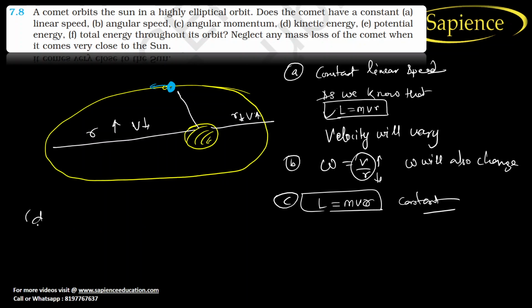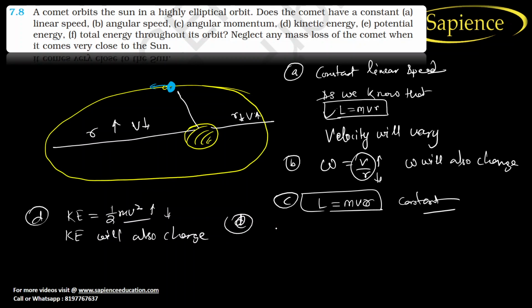Now D is your kinetic energy. So kinetic energy, what is kinetic energy? Half mv square. So what happened? V will change, V will increase, V will decrease. So kinetic energy will also be variable. So kinetic energy will also change. Now about E, it is potential energy.